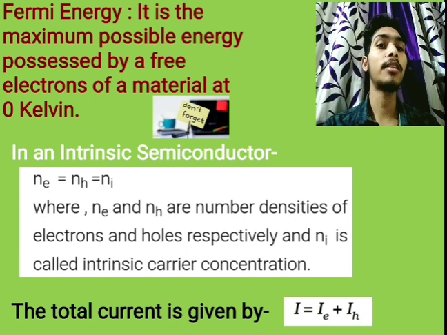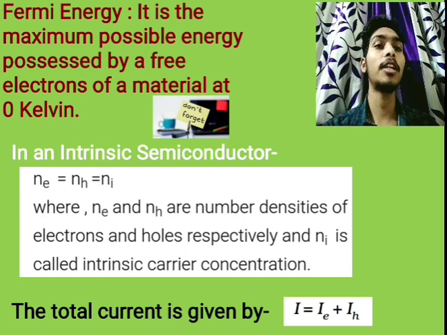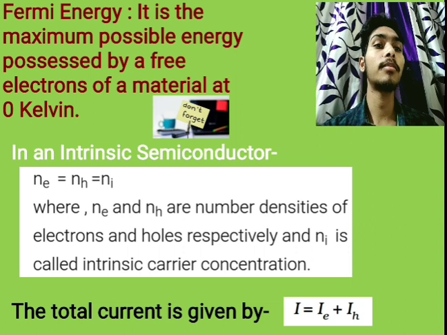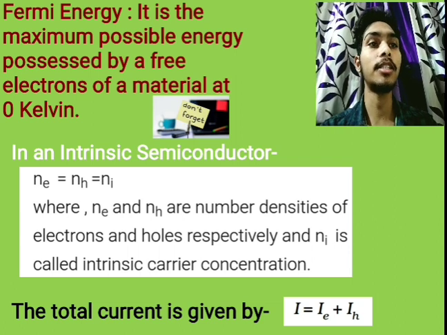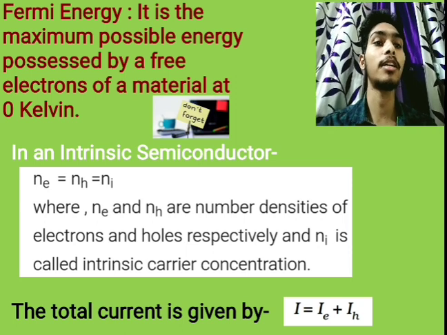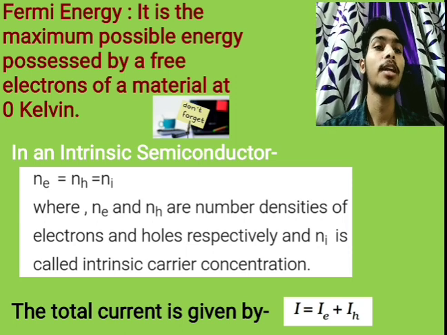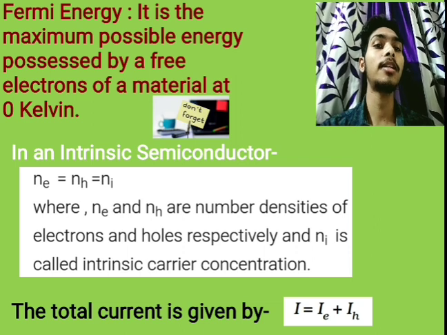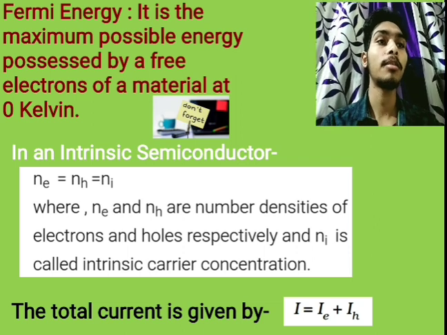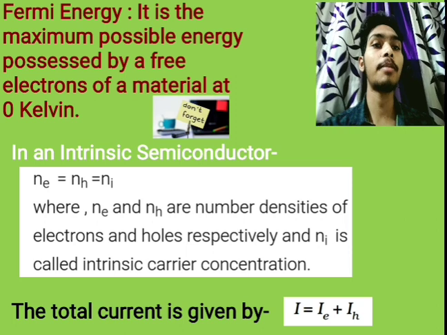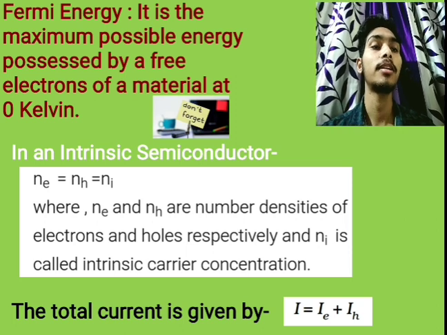In an intrinsic semiconductor, please remember this point, the number density of electrons is equal to the number density of holes, which is equal to the intrinsic carrier concentration. And what do we mean by number density? Number density is nothing but the number of electrons per unit volume. The derivation is not that important, so just remember this point. It will be helpful for solving numericals.